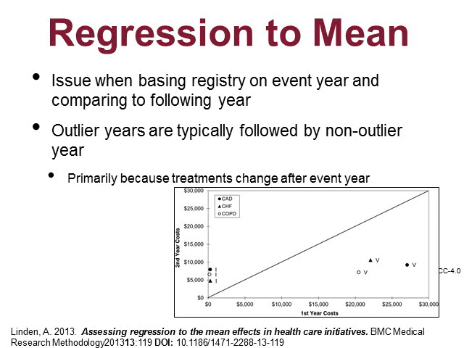If you just track those people that had a significant event in, let's say, last year, and you compare their costs this year to last year, their costs this year will tend to regress to the mean, so that they'll tend to come back to the pack as far as cost.